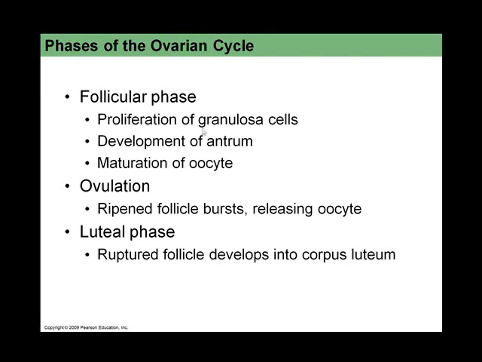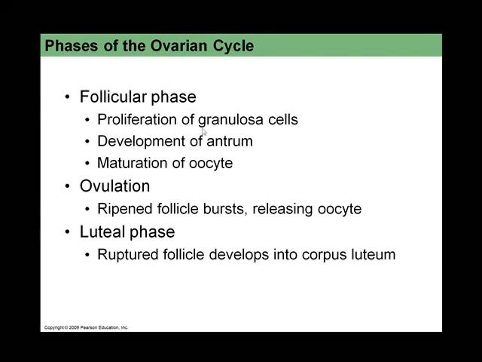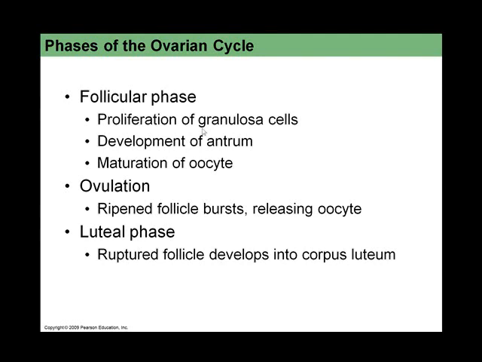Remember, a pool of primary oocytes will be recruited with each menstrual cycle, and only one of those in one ovary will be selected to undergo the final maturation and become capable of ovulating.